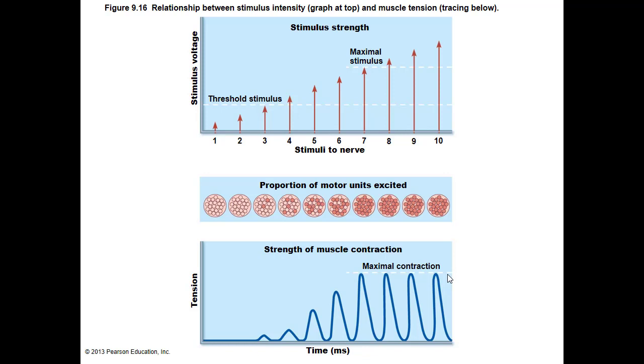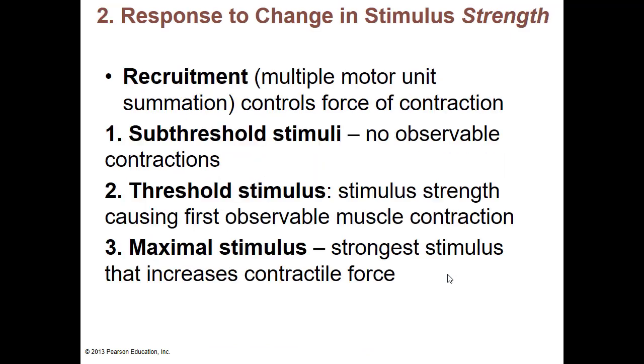I don't care how much more electricity you send to your muscles to contract, there are no more muscle fibers to recruit. That's called the maximal stimulus. That's your maximal contraction. That's the most tension that your muscle will generate. It does not matter how much you tell your muscles to contract, you're only as strong as these muscle fibers that are there. And that's where you hit that maximum threshold.